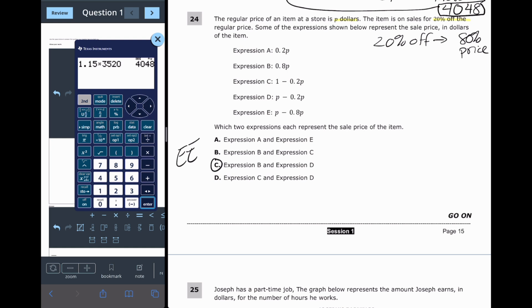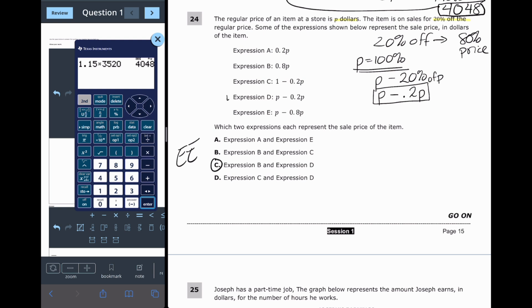If we know the price is P, so P is equal to 100% of the price, I could take 20% off, so I can do minus 20%, or I can represent that as P minus 0.20P. So this is one way I can express this.